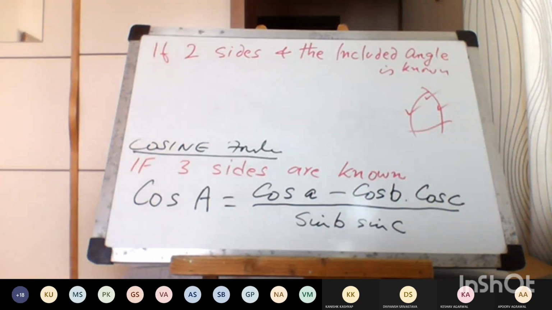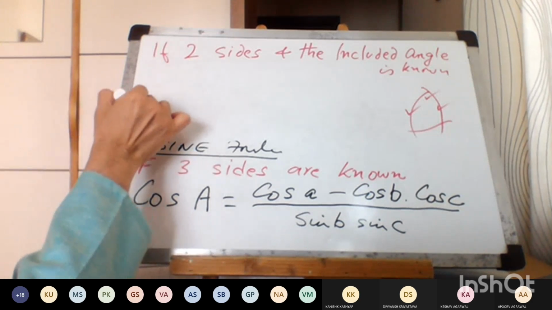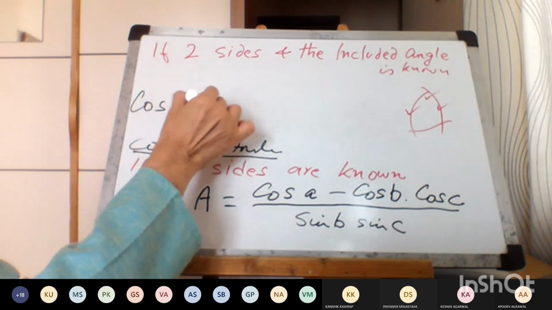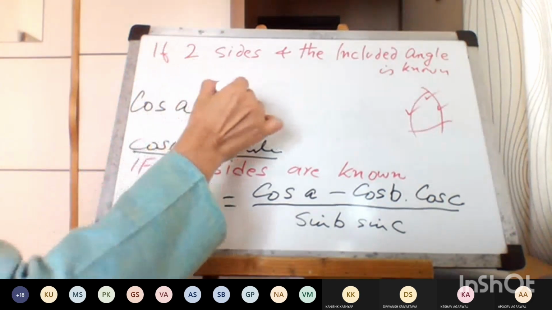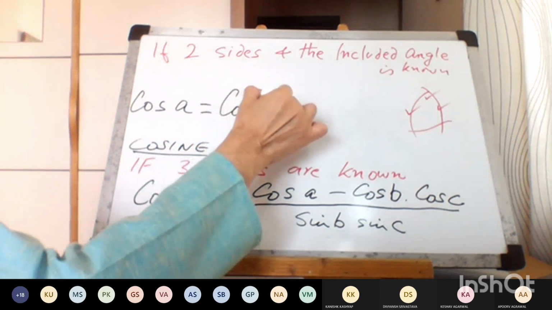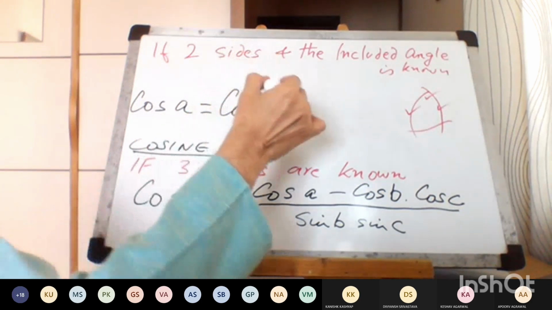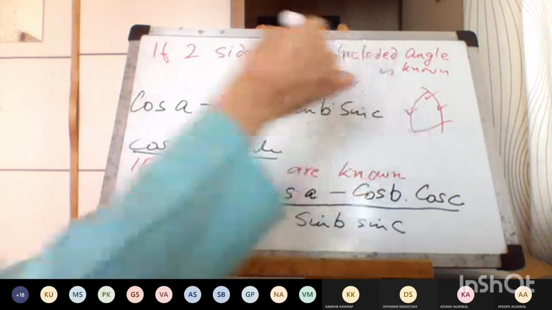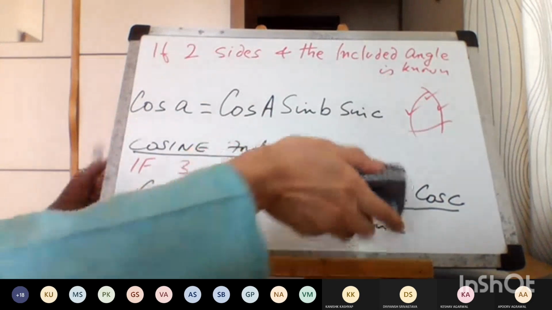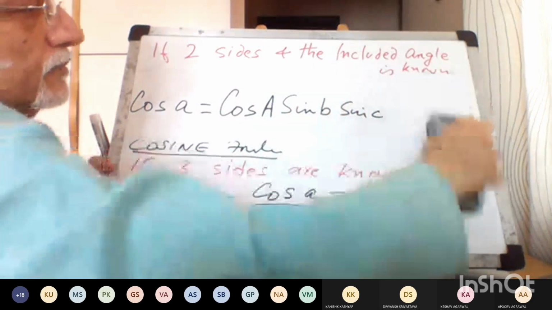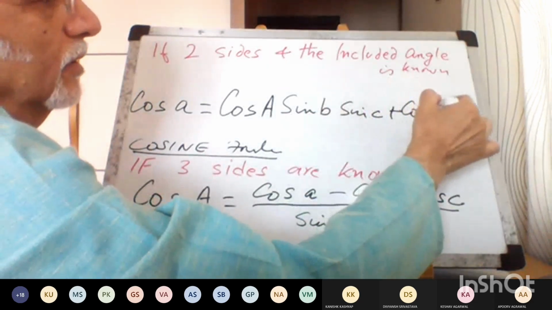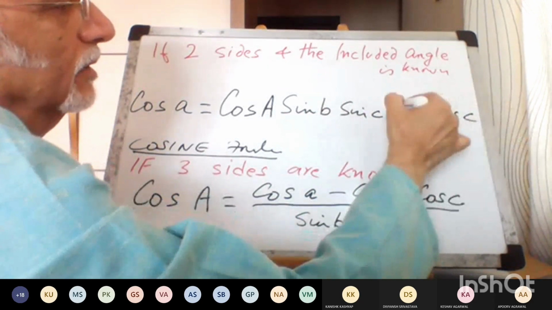If two sides and the included angle is known, then it is what? Cos A is equal to cos a sin b sin c plus cos b cos c.